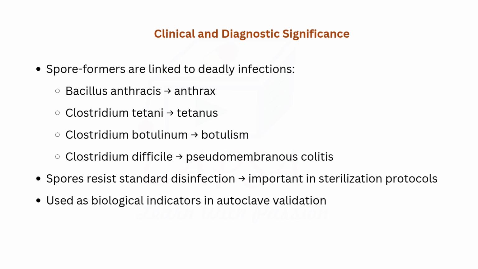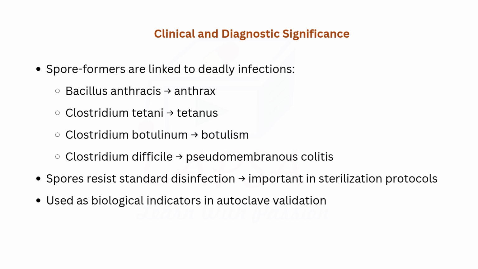This is why sterilization protocols in medical settings are designed to destroy spores, not just kill the bacteria. In fact, biological indicators used in autoclave validation are spores of Geobacillus stearothermophilus, because if you can kill this, you can kill anything.